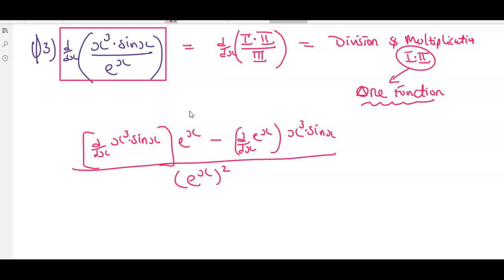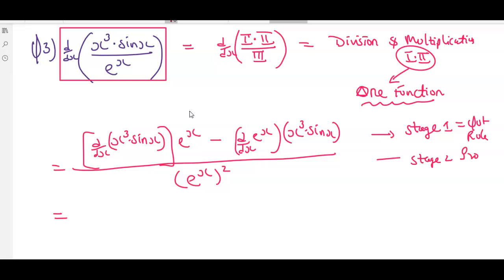Now I have treated it as one function. I'll make a bracket. First of all I have applied a quotient rule, that is stage 1, quotient rule. And stage 2, product rule.